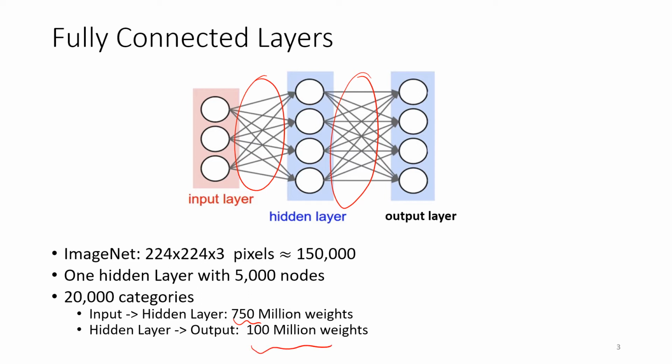So in total, we have around 850 million parameters in this model. And if you remember, we had around 40 million examples. So clearly, such fully connected layers cannot scale.